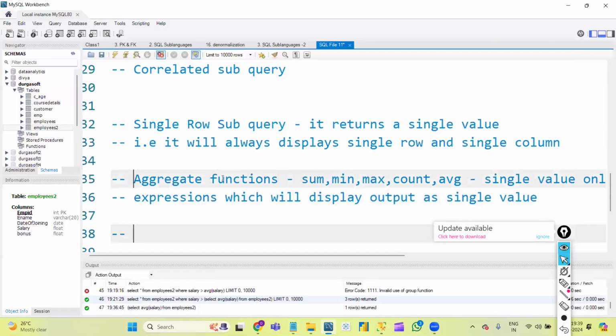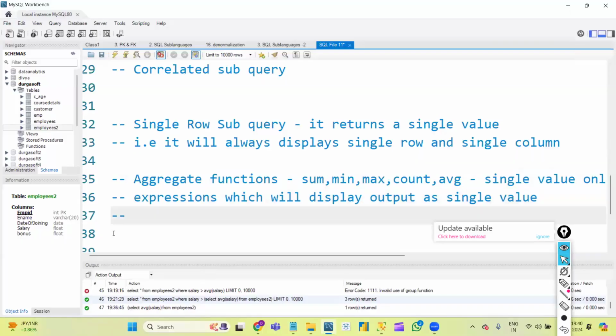We have some single valued operators, maybe arithmetic operators.